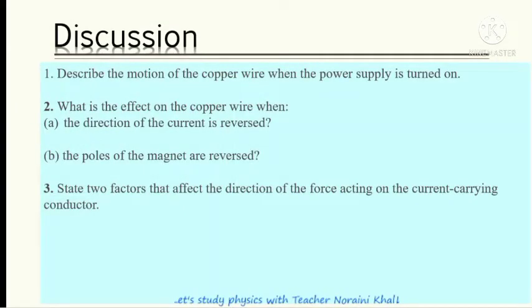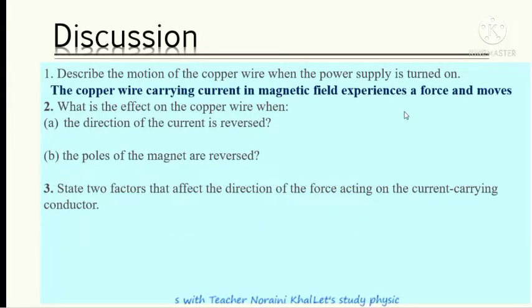Let's discuss some questions involving the activity carried out. Number 1: describe the motion of copper wire when the power supply is turned on. As you can see in the video just now, the copper wire carrying current in magnetic field experiences a force and moves. What is the effect on the copper wire when direction of current is reversed?